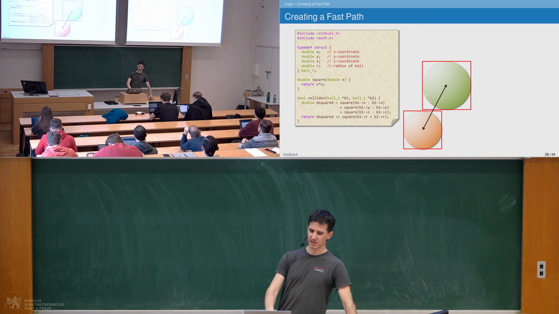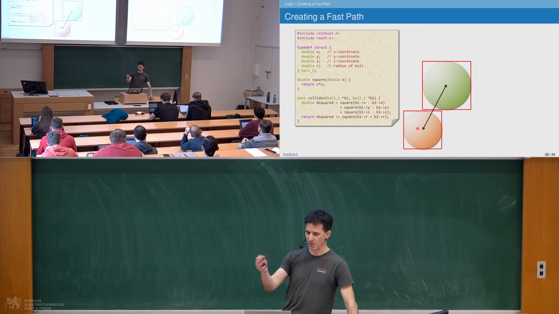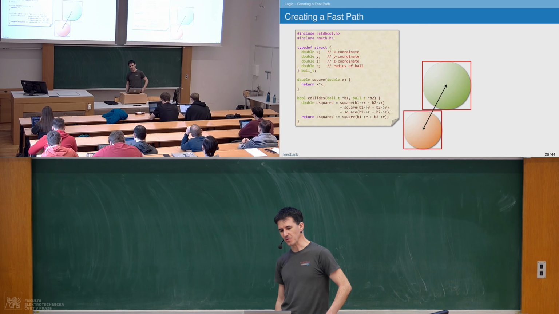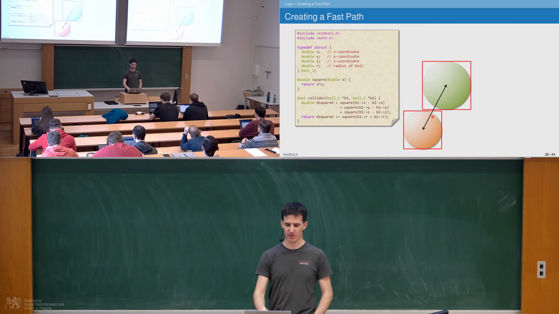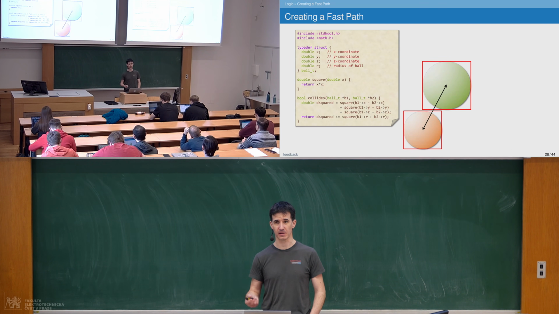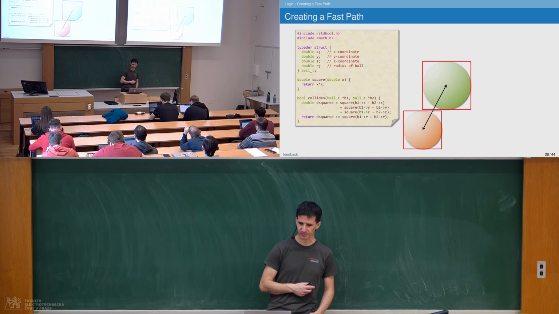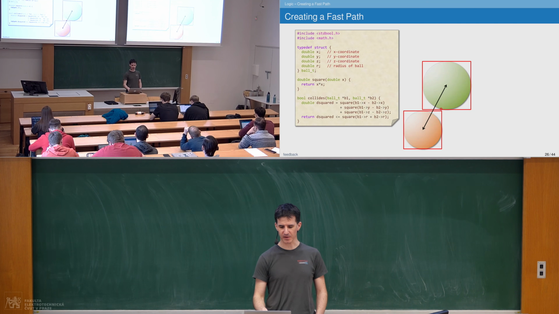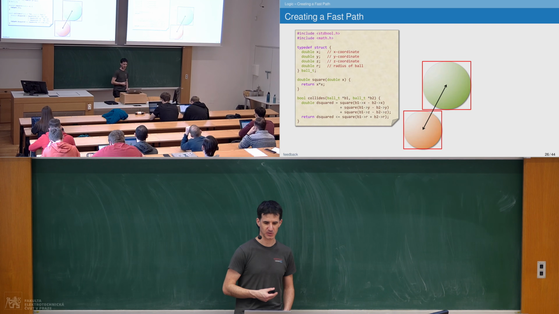Instead of calculating some square roots and squares and whatever, we can bound each ball with a bounding rectangle or bounding box. And if those bounding boxes do not overlap, we know that the balls do not overlap as well.